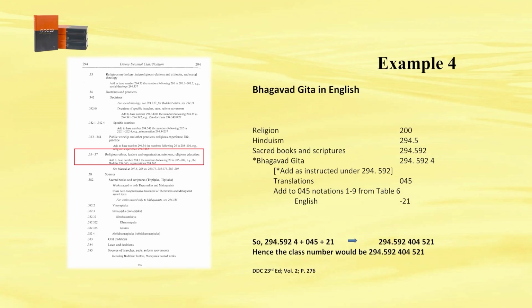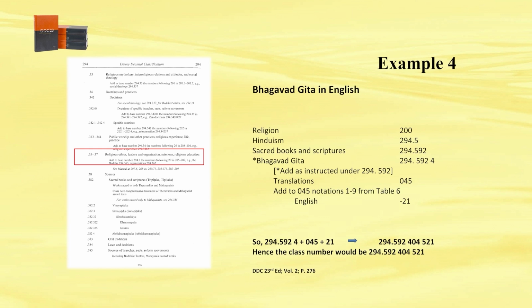Under it, there is a direct number for Bhagavad Gita, that is 294.5924. Now, the facet of language, that is English, is still missing because this Bhagavad Gita can be of any language. So, we have to add the number for English.